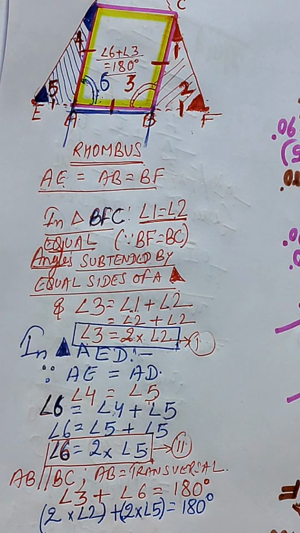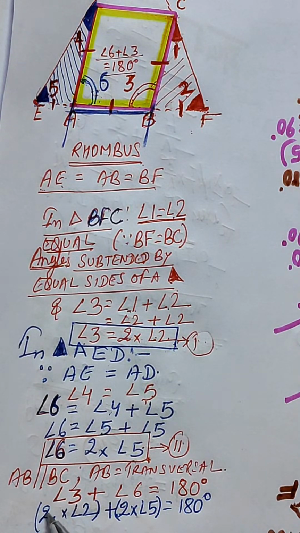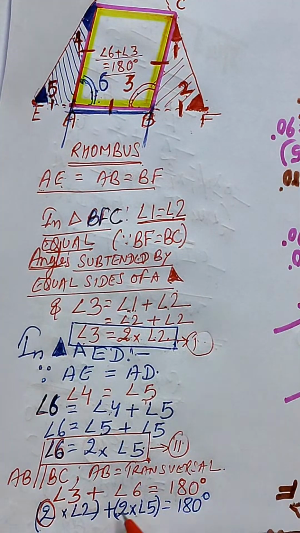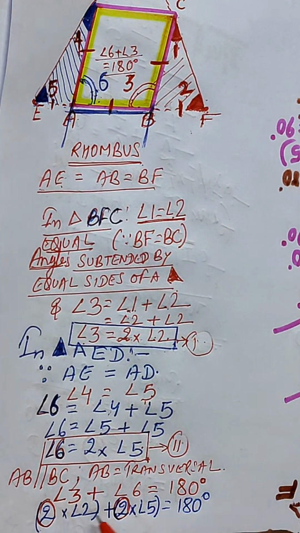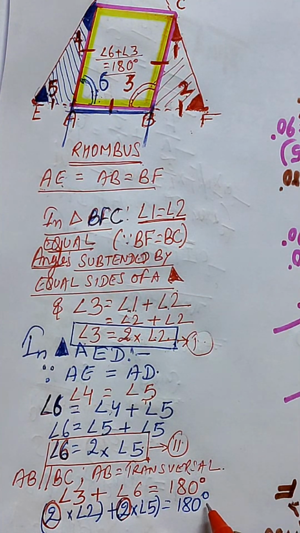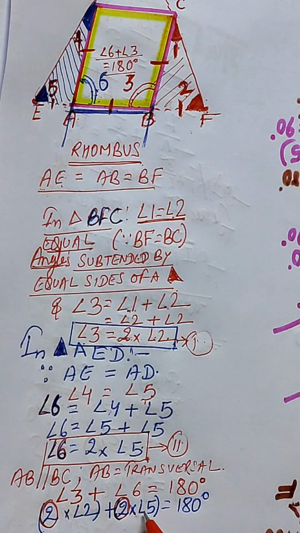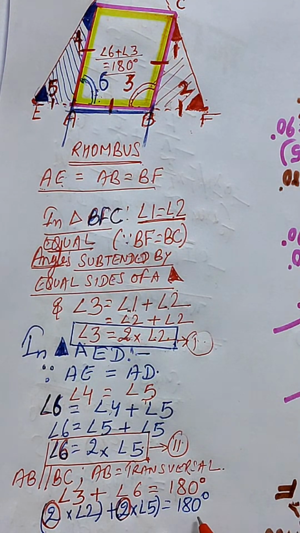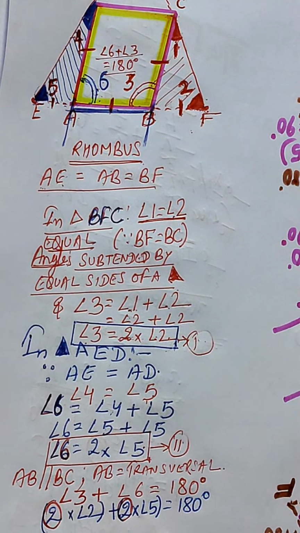So here, if 2 is taken common from both the terms, these 2 can be brought into the denominator of the RHS. Then angle 2 plus angle 5 can be written as 180 divided by 2, which is equal to 90 degrees, right?